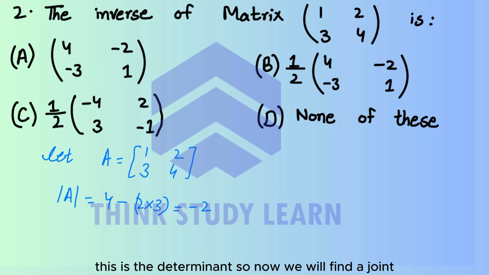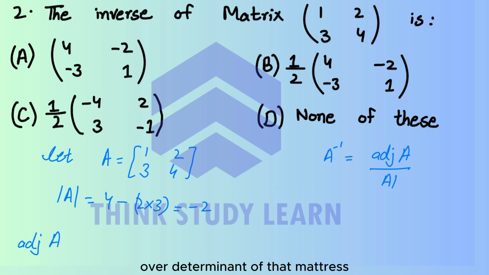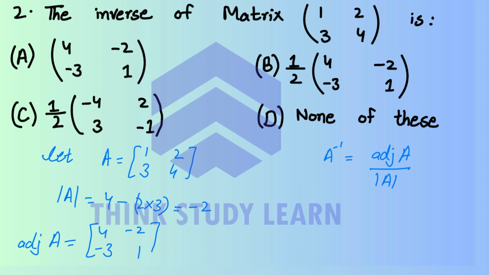This is the determinant. Now we will find the adjoint, because we know that the inverse formula for any matrix is the adjoint of that matrix over the determinant of that matrix. So the adjoint will be 4, minus 2, minus 3, 1.